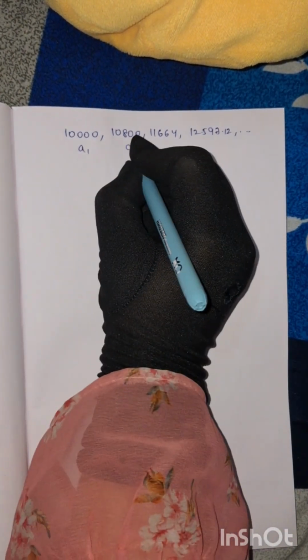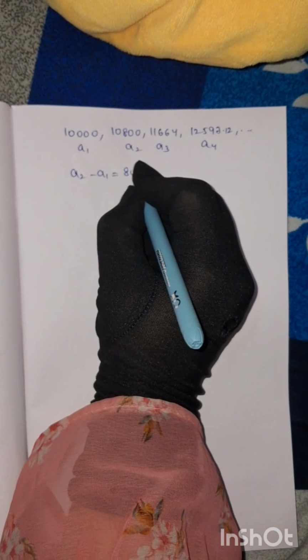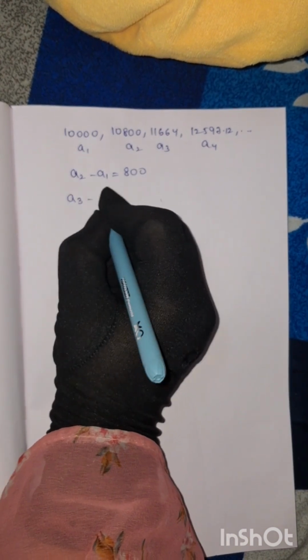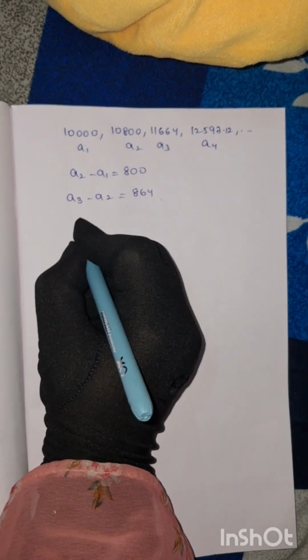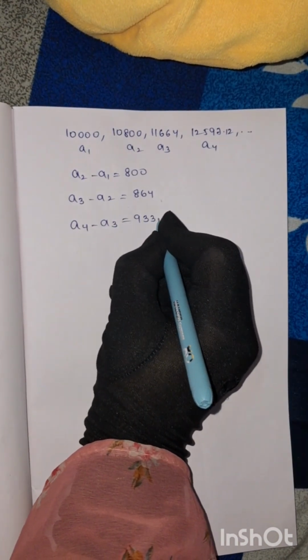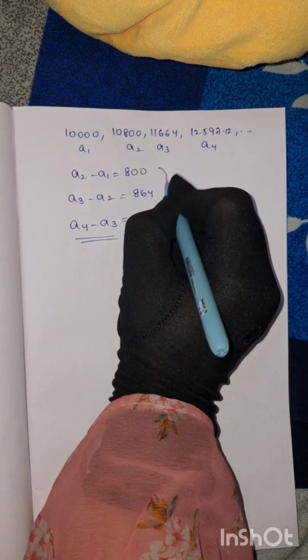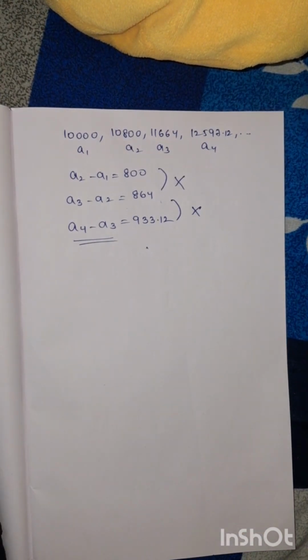So this is A1, A2, A3 and A4. A2 minus A1 is nothing but 800. Next, A3 minus A2 is nothing but 864, and A4 minus A3 is nothing but 933.12. So you can see that they are not equal, so this is not an arithmetic progression.